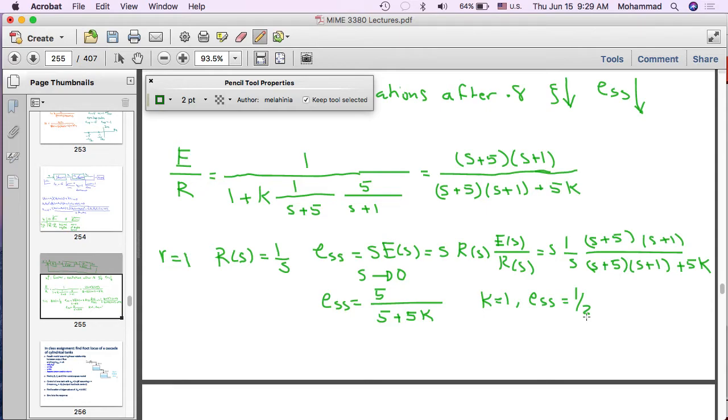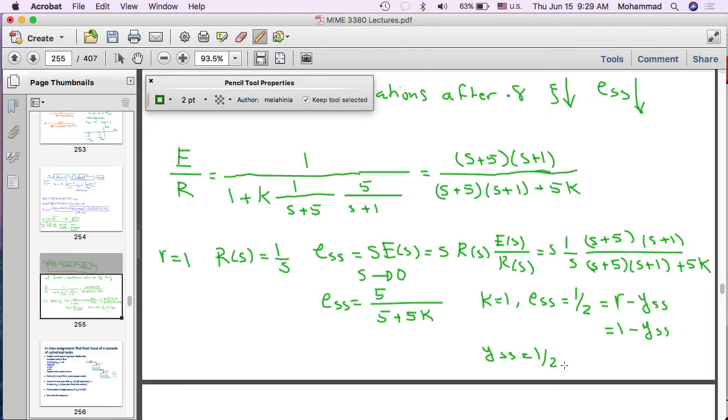So error steady state 1/2 means y steady state. Error steady state, by the way, is equal to r minus y steady state. So r is 1. So that means y steady state is 1/2. And if you look at your simulation, you can see that y steady state is 1/2.